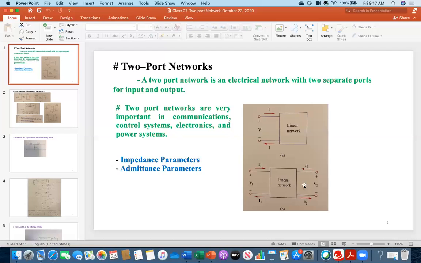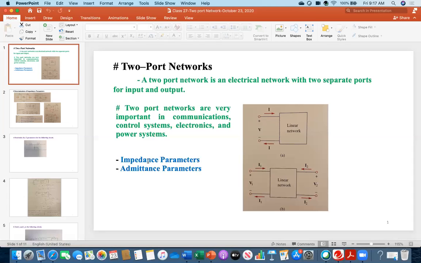Now, in this two-port network, the input port and output port, as I said, are related through the linear network components. Therefore, these are currents, and these are voltages. You all know that voltage and current are related with the help of impedance or admittance. That's why here I have written impedance parameters and admittance parameters.